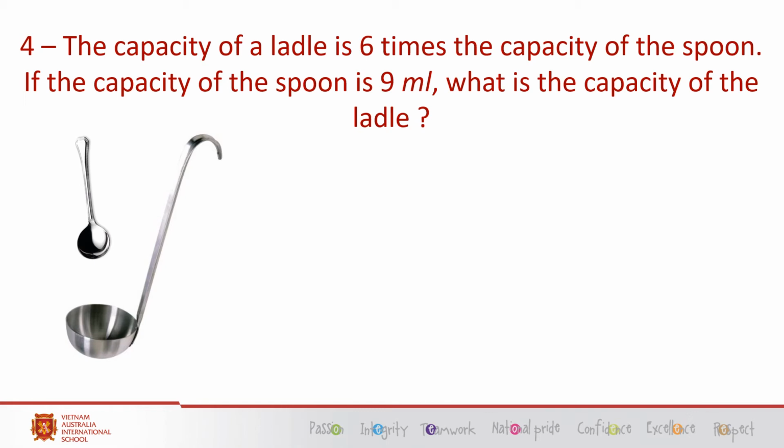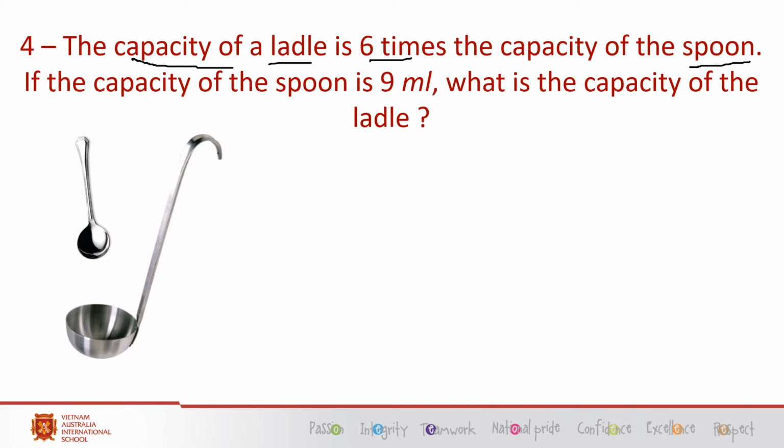Activity number 4. The capacity of a ladle is 6 times the capacity of the spoon. If the capacity of the spoon is 9 milliliters, what is the capacity of the ladle? First, underline the keywords. The capacity of a ladle is 6 times the capacity of a spoon.